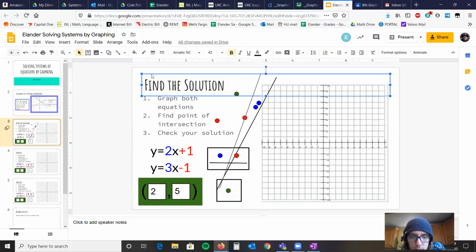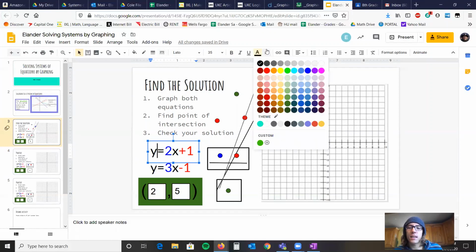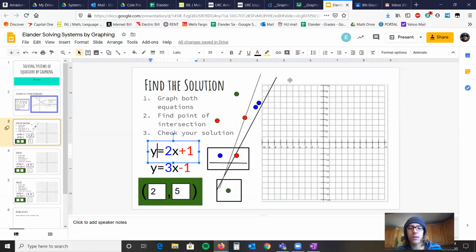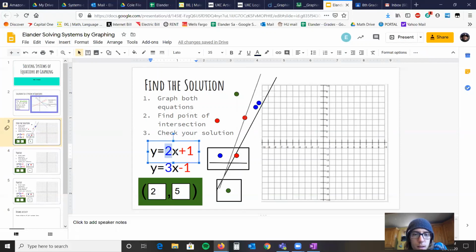All right, so we have two equations here, right? They're both in slope-intercept form, which means that they have a slope and a y-intercept. So they're called slope-intercept form because the slope comes first, and then the y-intercept comes on the end.